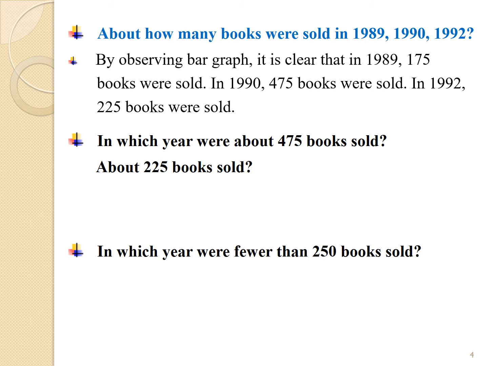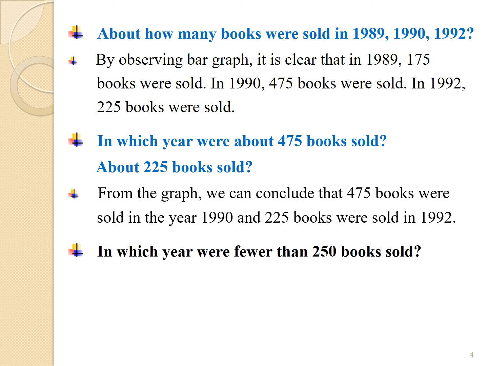Now, question number 2. In which year were about 475 books sold? From the graph, we can conclude that 475 books were sold in the year 1990.